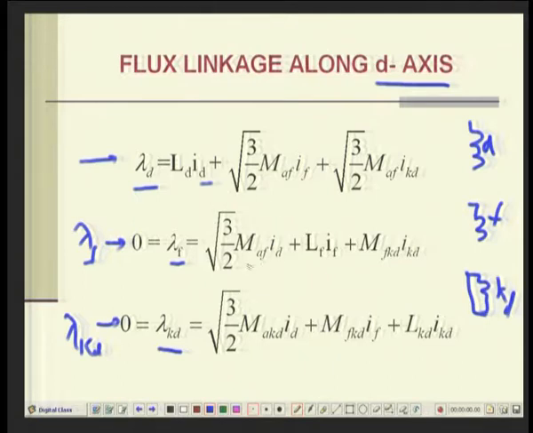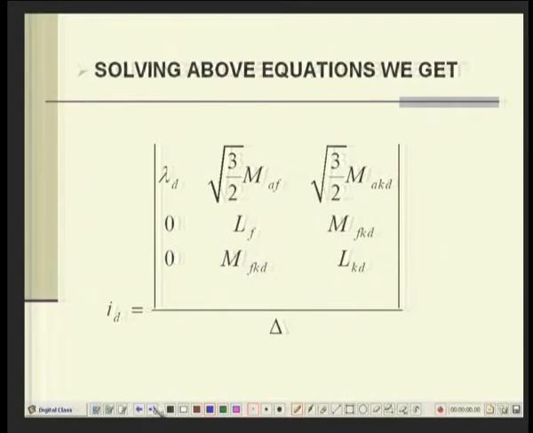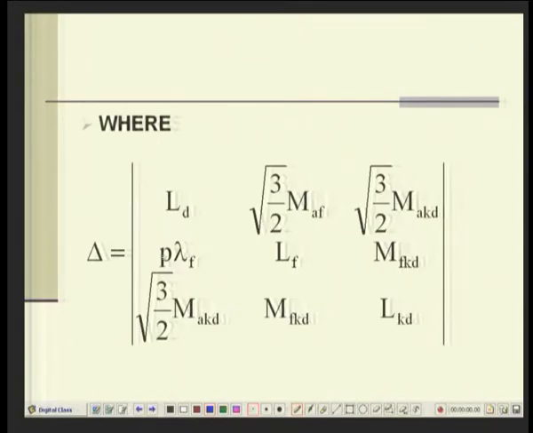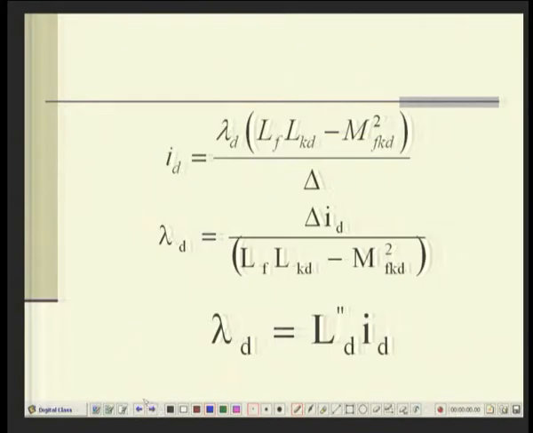So, the d coefficient is root 3 by 2 MAF, I think it should have been written. It is not P lambda f, MAF. So, I had asked you to verify this, okay. So, i d will be lambda d LF LKD minus MF KD square by delta.